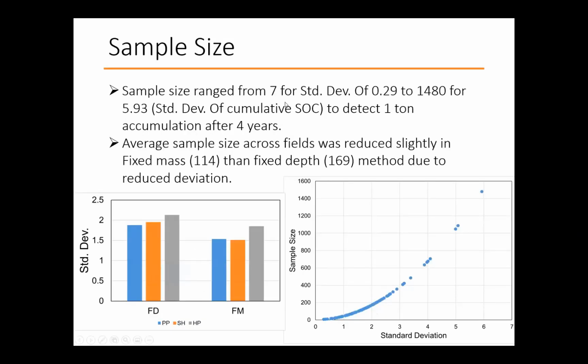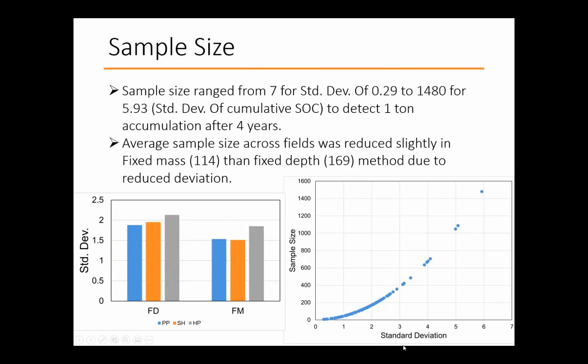For sample size, power analysis uses the standard deviation and the mean difference you are investigating, or hoping to detect. So I did 1 ton accumulation for 4 years and plotted the standard deviation of all fixed mass and fixed depth together.